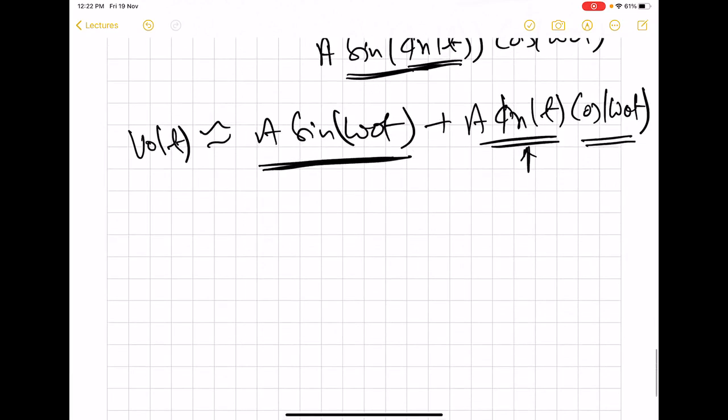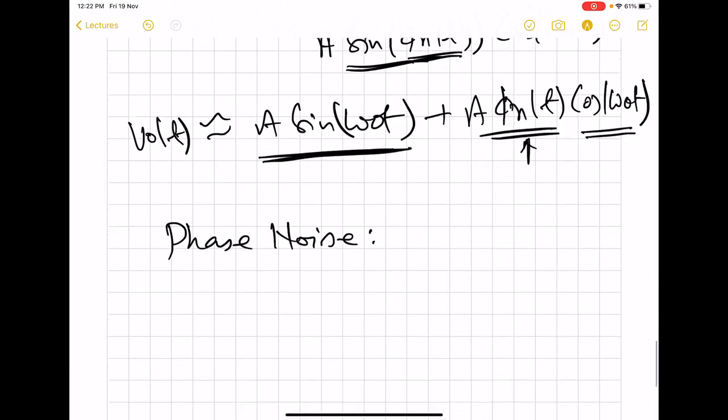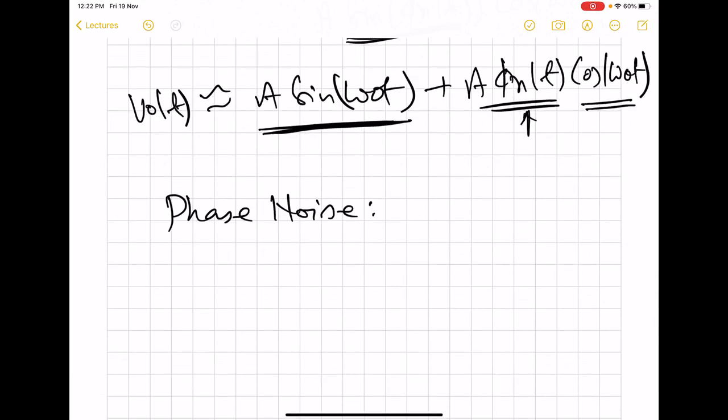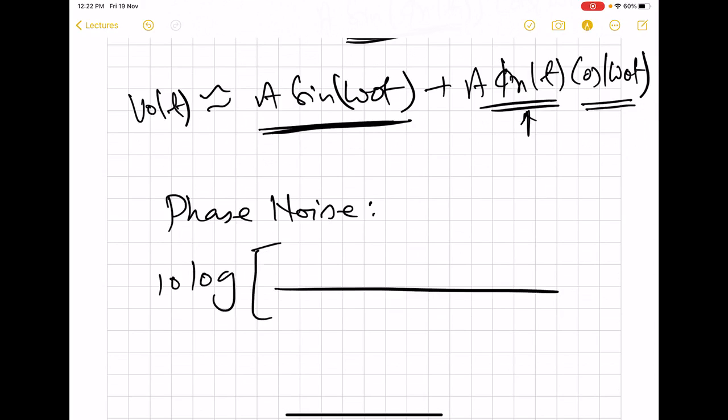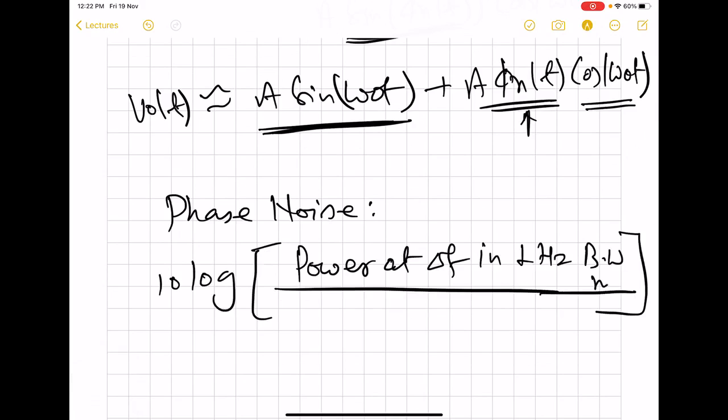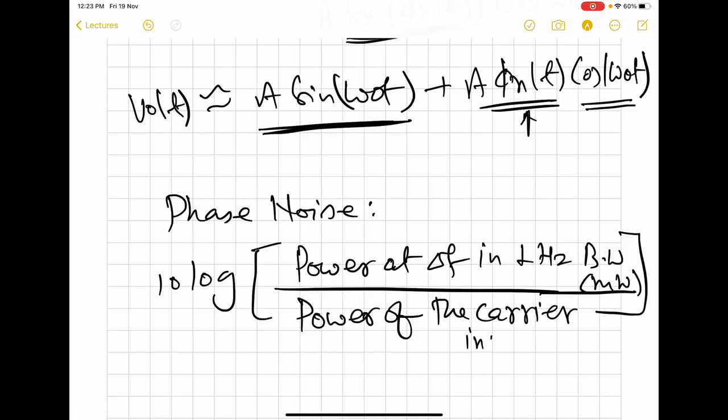So how is this phase noise specified or measured? So this is found as 10 log of this power at delta f in 1 hertz bandwidth, say in milliwatt, and then divided by power of the carrier also in milliwatt.